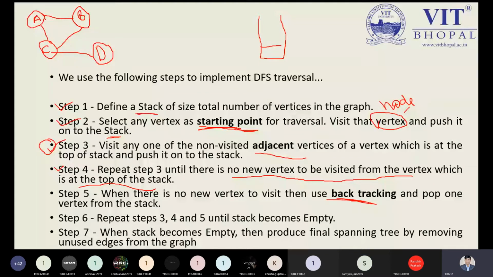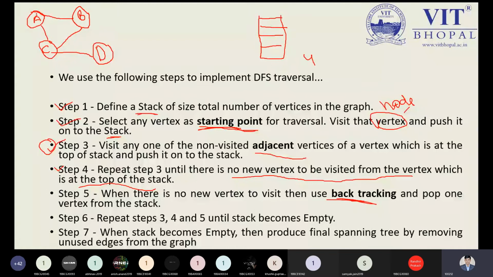As we know, we can choose any starting point, so I'm choosing A. How many nodes do we have? 4. So the stack size will be 1, 2, 3, and last the 4. This is our stack size, that is 4. Which is our first node?